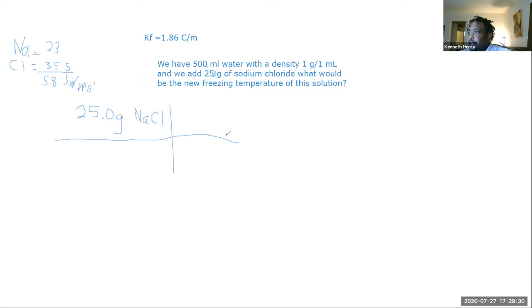Okay, so what am I going to do with it now? The molar mass on the bottom. Okay, and up top? 1 mole.